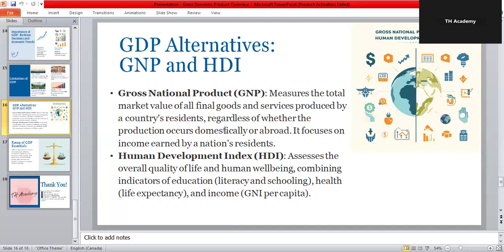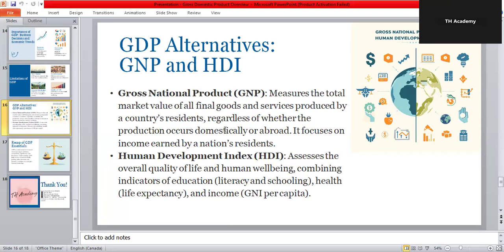Now let's move to the GDP alternatives, that is GNP and HDI. To get a more complete picture, economists use other indicators too. GNP, or Gross National Product, measures all the goods and services produced by a country's citizens, even if they live or work abroad. It focuses on income earned by a nation's people.